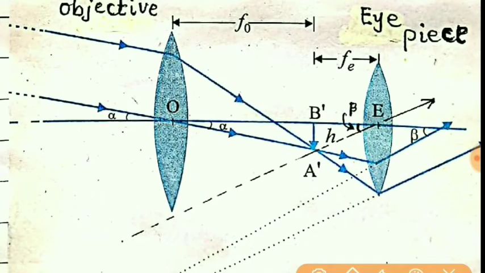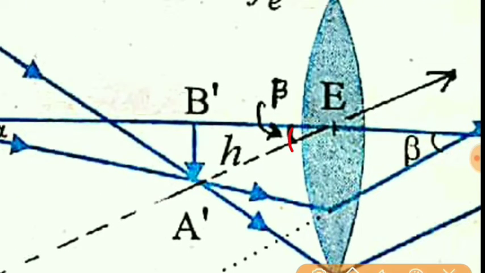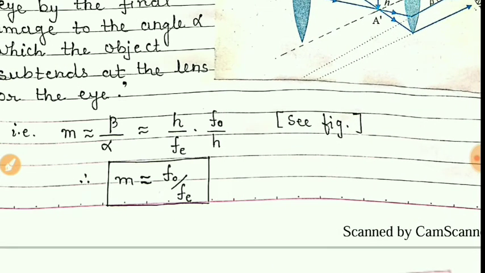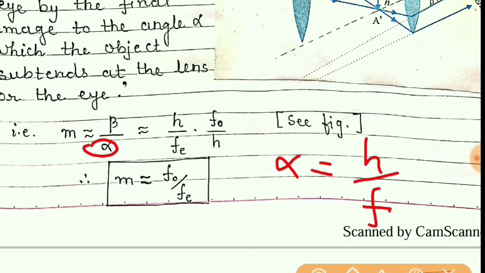This angle beta is h upon fe, where fe is the focal length of the eyepiece, and alpha is h upon fo, but as it is in the denominator, fo upon h is written.